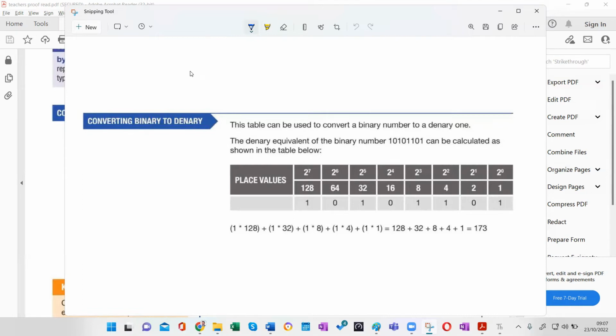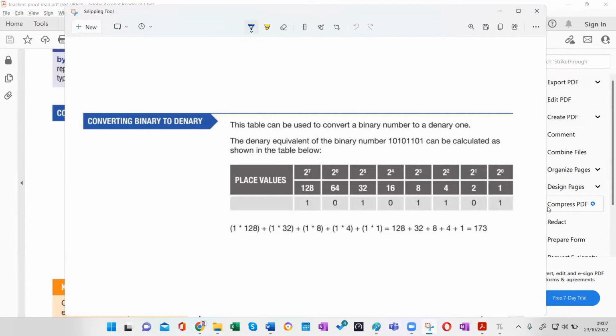Okay, what has happened here? We have this number, 10101101. We want to find out what this number is representing. If we convert this into denary, since the number system we use is denary, we will be able to understand what this number is.